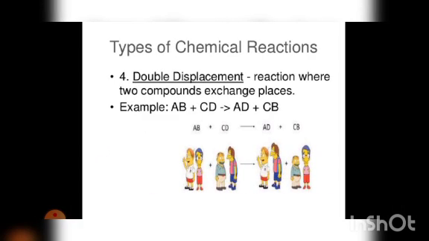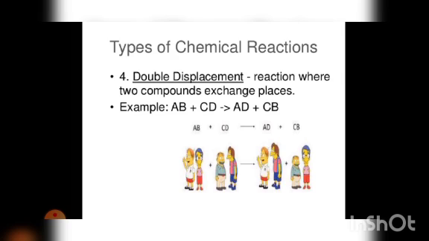Then the fourth type of chemical reaction is double displacement reaction. So there is a little change from the previous equation. There, one element had displaced another from a group. Here there are two groups, the two pairs. You can see AB is one pair, CD is one pair.